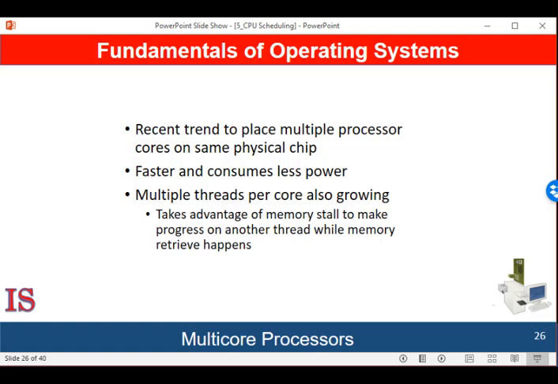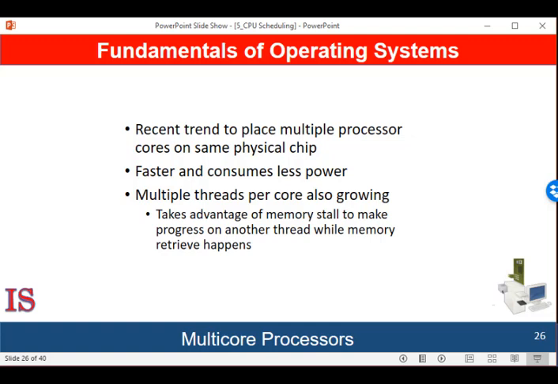Each core maintains its architectural state and appears to the operating system to be a separate logical CPU. Symmetric multiprocessing systems that use multi-core processors are faster and consume less power than systems in which each CPU has its own physical chip. Multi-core processors may complicate scheduling issues.